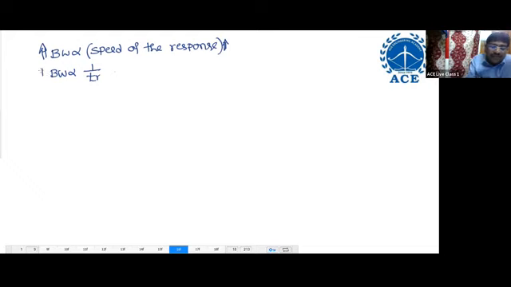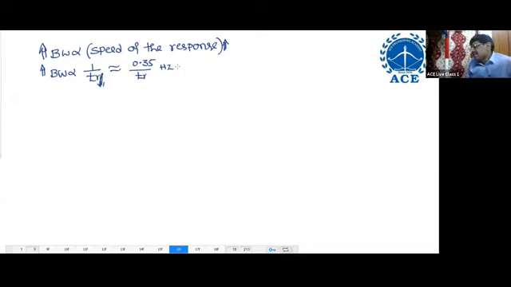Large bandwidth means rise time is very, very small. Infinite bandwidth means rise time 0. Approximately it is related by 0.35 by TR. So large bandwidth means rise time is very, very small.